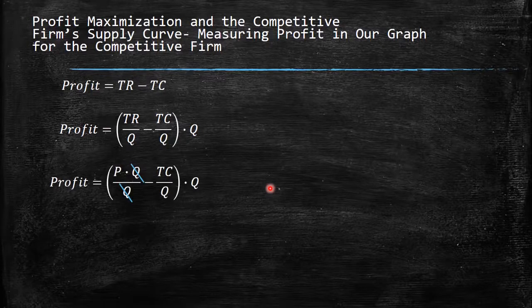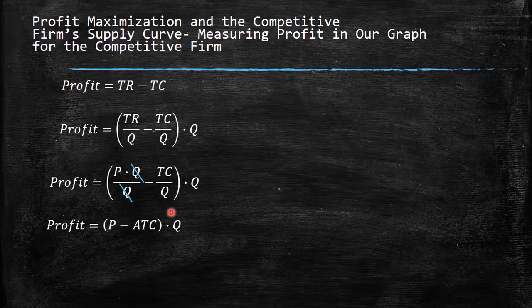Total revenue is equal to price times Q over Q, and total cost over Q. Then the profit is exactly equal to price minus average total cost, times Q. This is a powerful equation to understand the competitive firm.